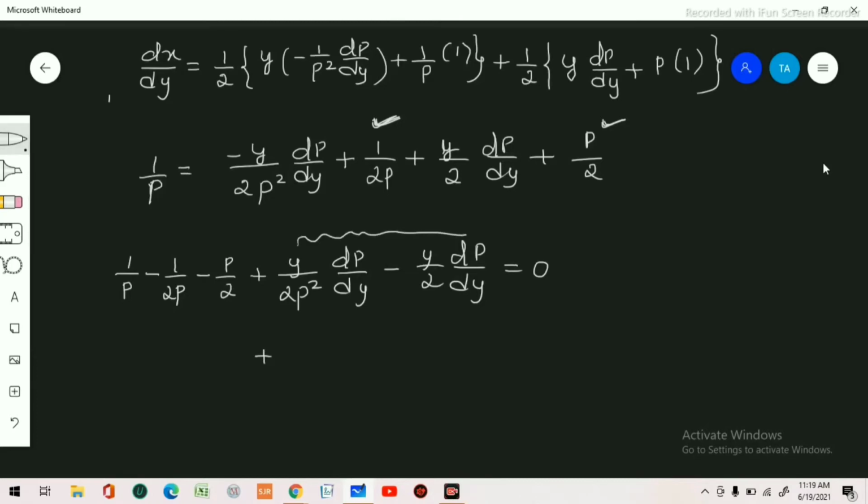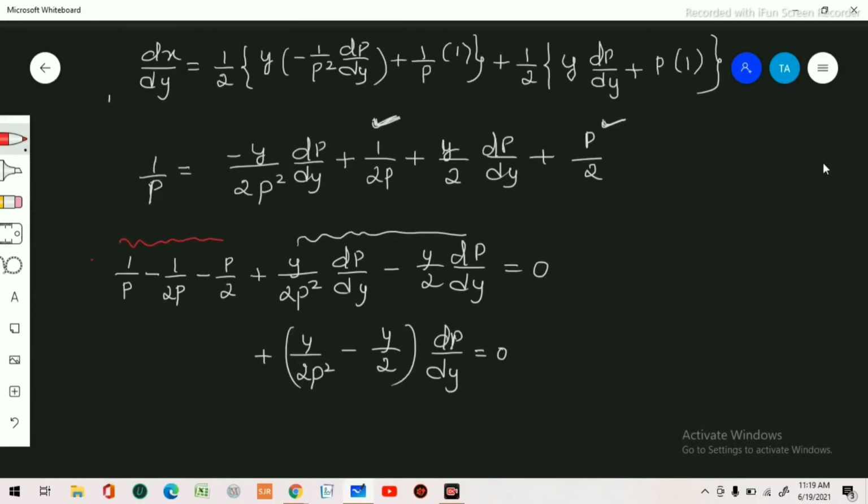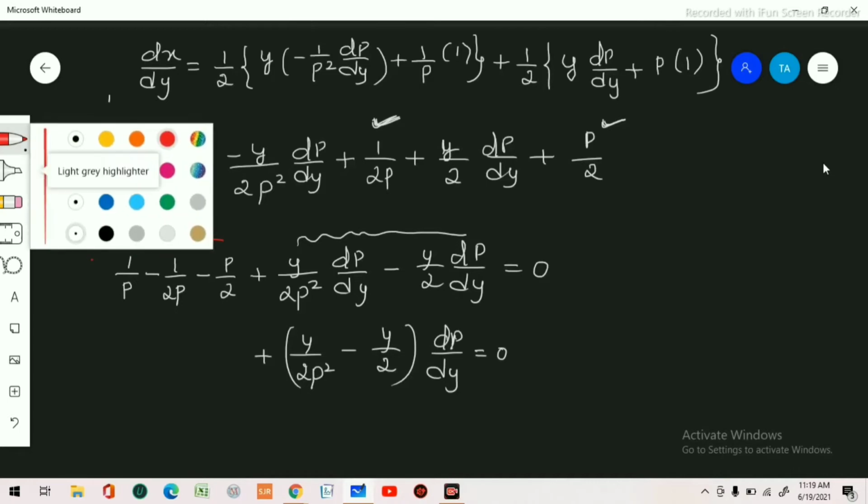From this part I can take dp by dy as common. So remaining terms I am writing as it is. For this part I am solving on the right hand side.